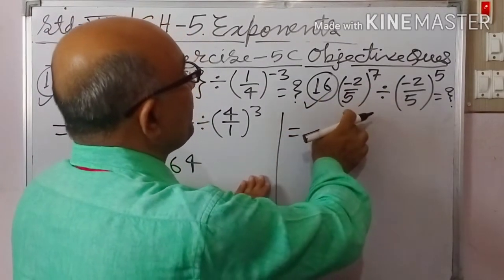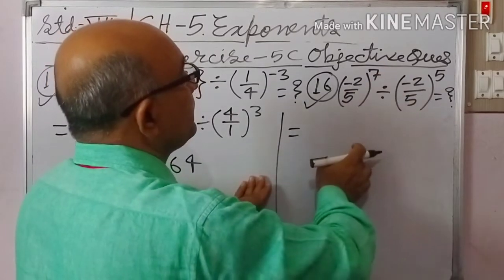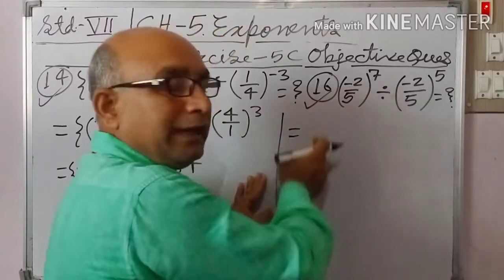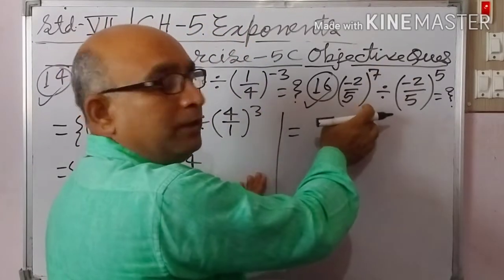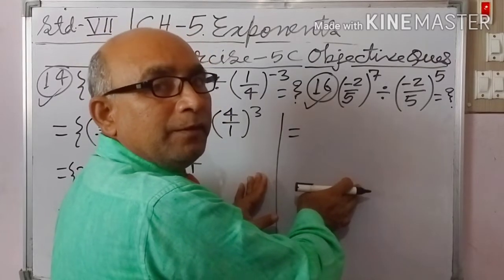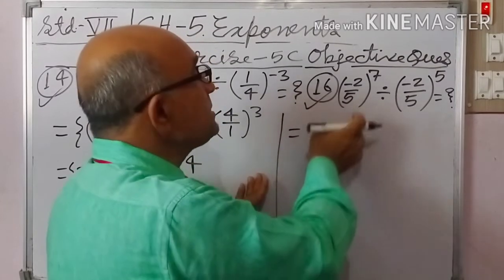Minus 2 by 5 to the power 7 divided by 2 by 5 to the power 5. a by b to the power m divided by a by b to the power n equal to a by b to the power m minus n.